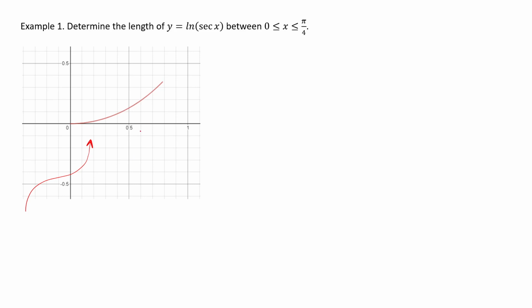All right, if you're going to plug in 0 and then pi over 4 in the equation, it means that you're only going to have 2 points.